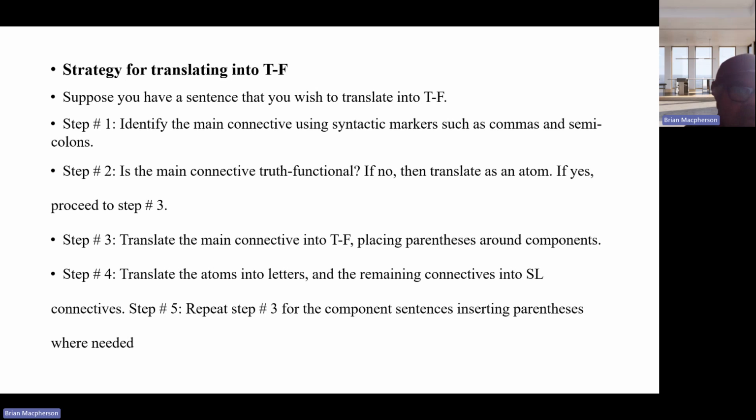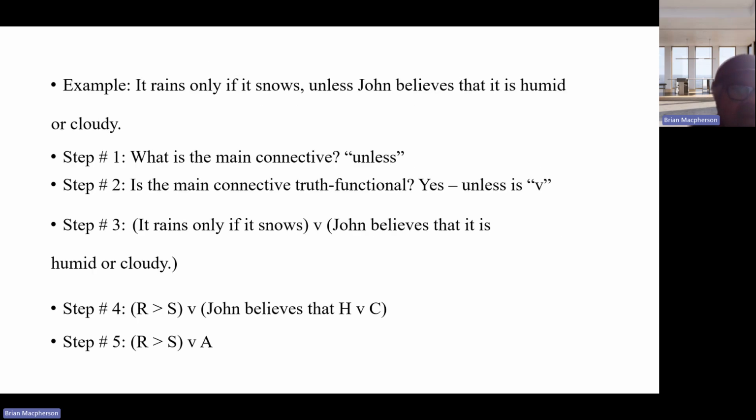Okay, let's go over that one more time. So how do I, using these steps, translate it rains only if it snows, comma, unless John believes it is humid? Step 1, what is the main connective? Unless. How do I know that? Because of the syntactic marker, comma. Step 2, is the main connective truth functional? Yes, unless is typically rendered as wedge, or, in propositional logic.